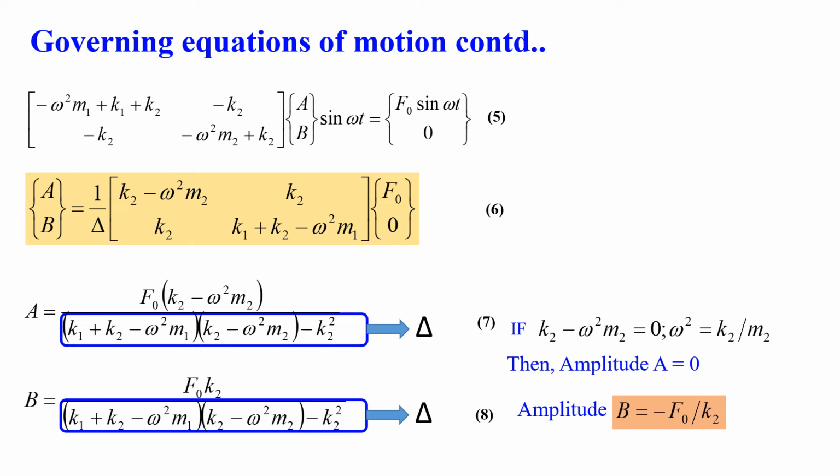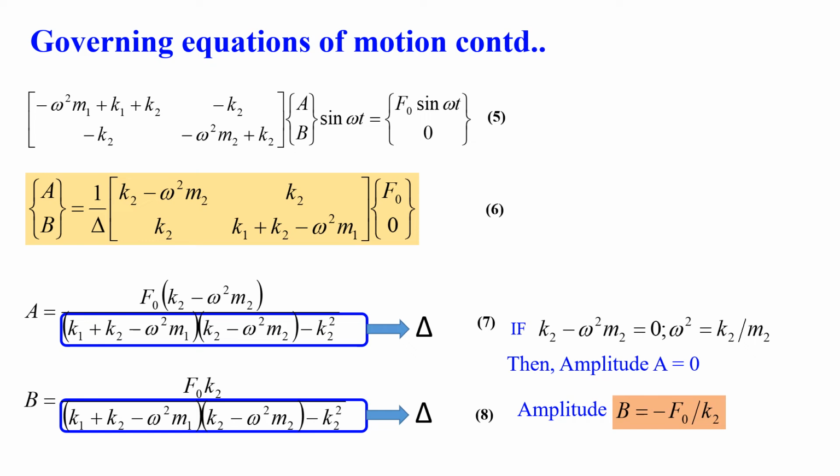Using equation 5, sine omega t will cancel out. You will get the magnitudes of displacement A and B, that is, the inverse of the matrix into the vector.